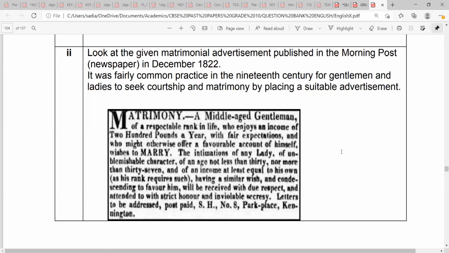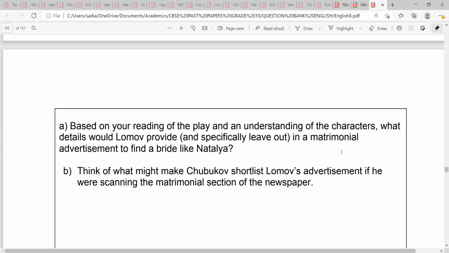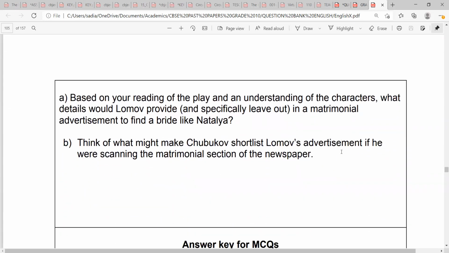Having a similar wish and condescending a favor him will be received due respect and attended to with strict honor and inviolable secrecy. Letters to be addressed postpaid, SH number 8 and Park Palace, Kingston. Advertisement.